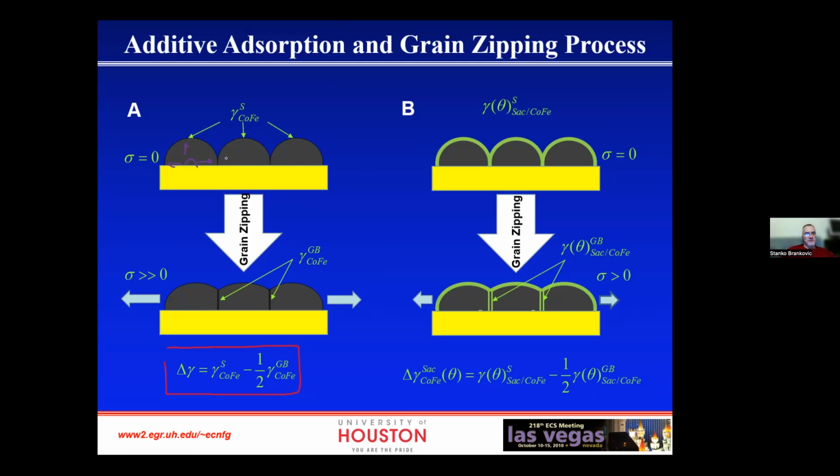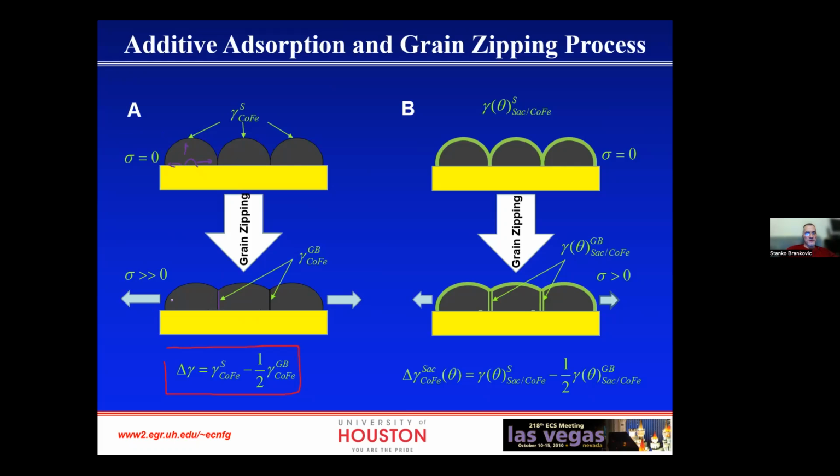Now these grains, before they impinge, do not actually grow together, and the only stress that they can produce before the impingement is the compressive stress related to the capillary forces, etc. But I'm going to leave this to the side because it's not really important for our discussion. As they impinge, obviously, there's a grain zipping phenomenon. As discussed, we form the grain boundary.